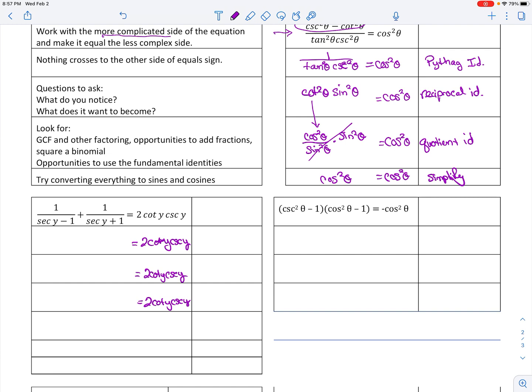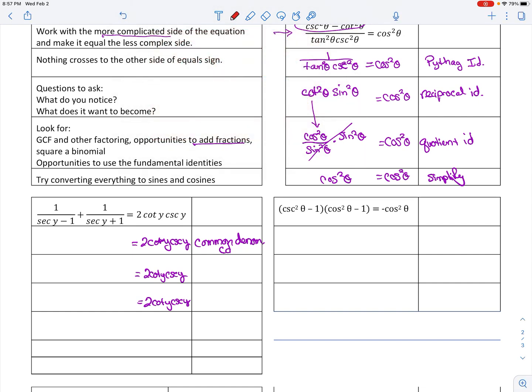Okay, so the next thing we say is, okay, what can we do? Well, we need to look for opportunities to add fractions, for example. I see a fraction plus a fraction. In order to add 2 fractions together, I need to get a common denominator. I can abbreviate it CD. And so we're going to try to get a common denominator here.